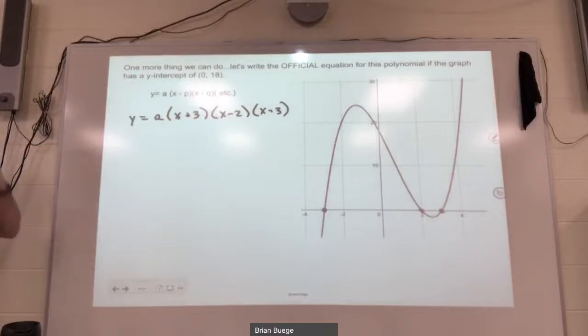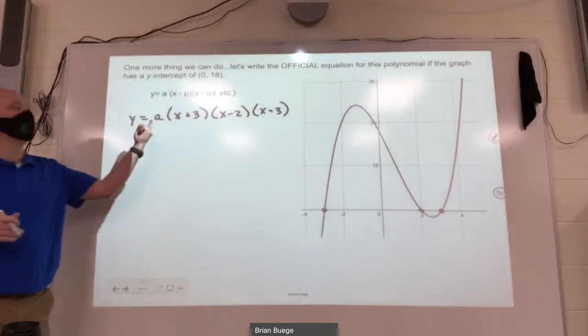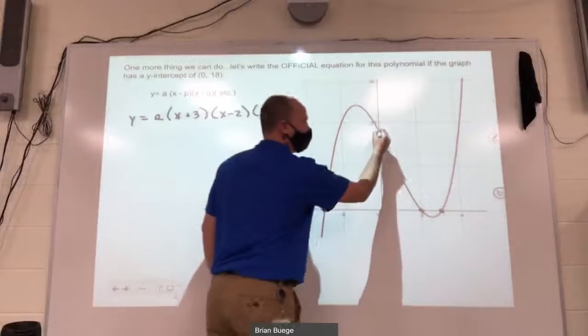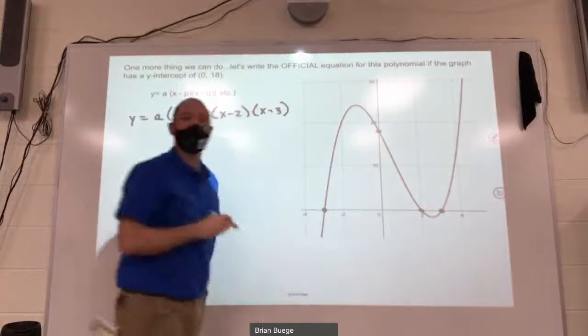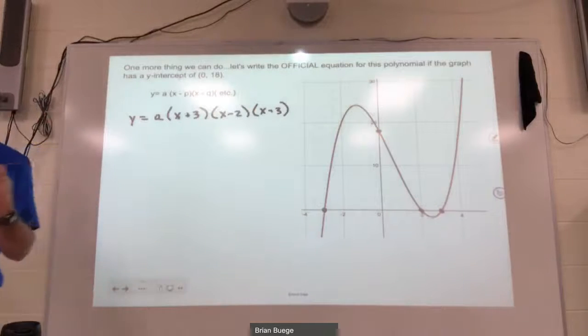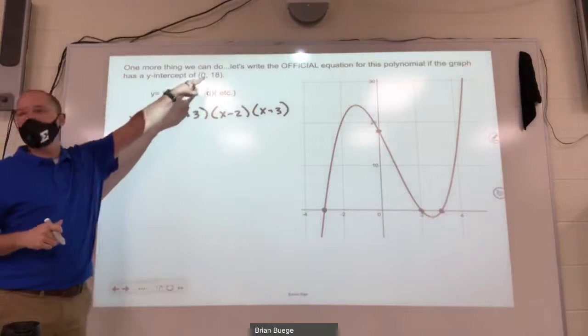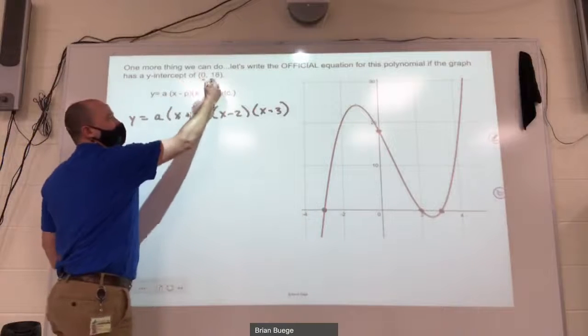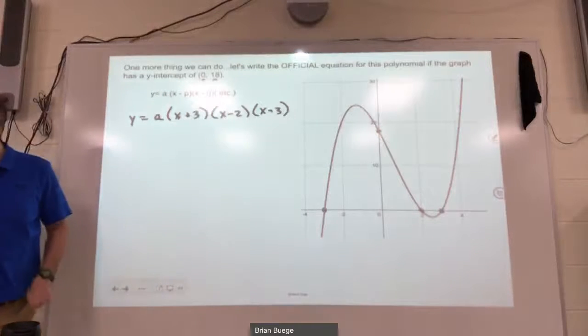And so now, at this point, if you're trying to find the a value, the easiest way to do it, if you notice there's one other point that's on this graph, and it happens to be the y-intercept, okay? Or you could have picked any other point too if there's any other nice points. We're going to take that y-intercept. I'm going to plug the x-coordinate in for x, and I'm going to plug the y-coordinate in for y. Okay?